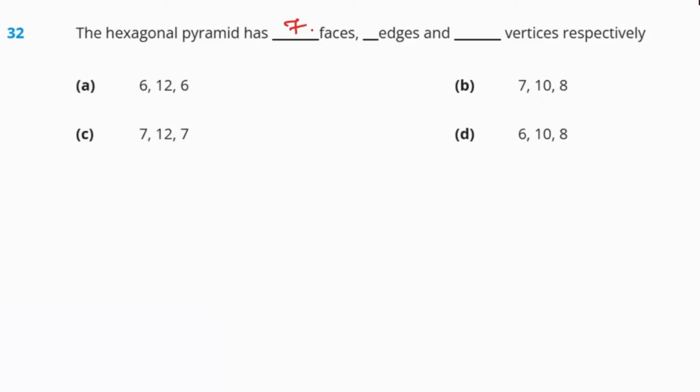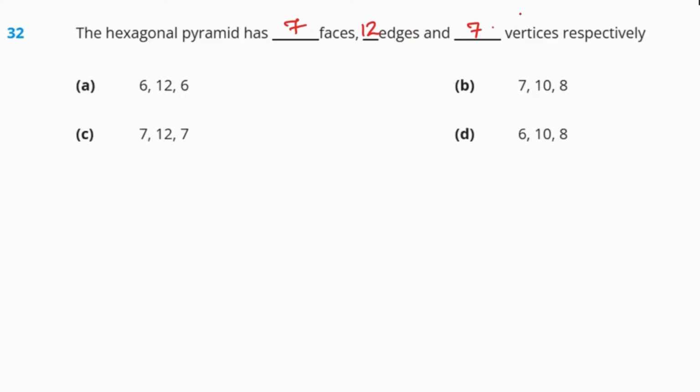So for the hexagonal pyramid there will be 7 faces, and 12 edges: 6 edges of the hexagon base and 6 edges going up to the apex. Vertices: 6 points are there for the hexagon, and 1 at the top where the triangles meet.